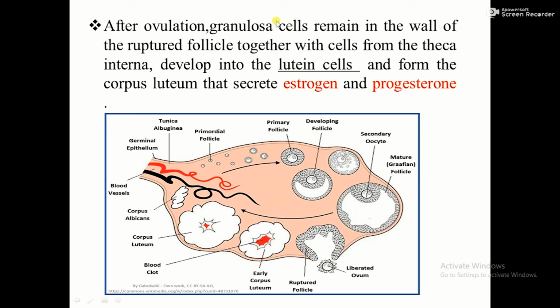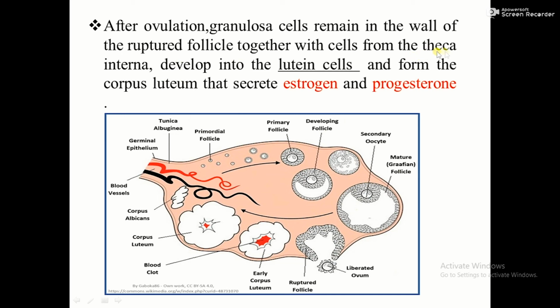It says that granulosa cells, meaning follicular cells, the cells that were surrounding the oocyte, remain in the wall of the ruptured follicle. As you see, the remaining cells that used to surround the oocyte will stay in the ovary.